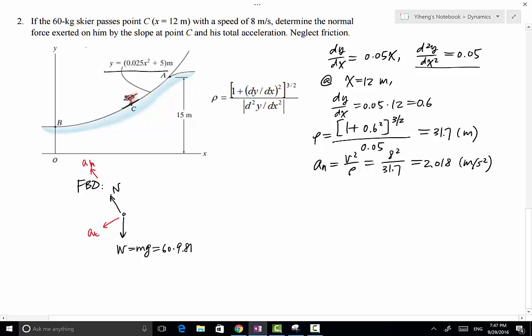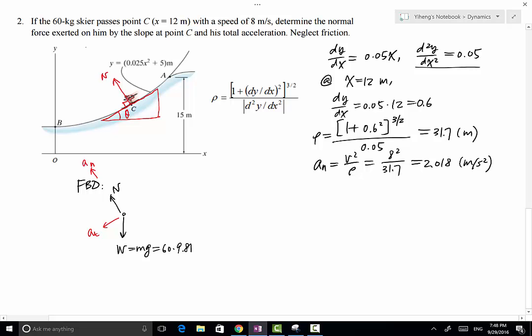So now we're almost ready to write our equations of motion, except that we don't know the direction of the normal force yet. So for that, if we look at point C, we realize that this line right here is the tangent line of the curve. If we know the direction of this tangent line, we would know the direction of the normal force, because this is a 90-degree angle.